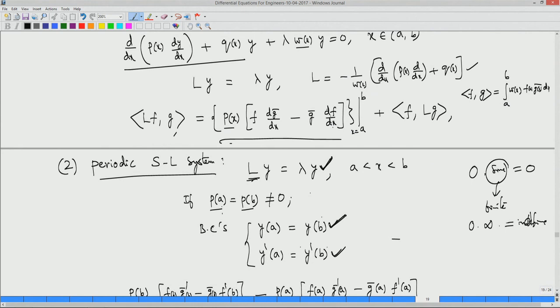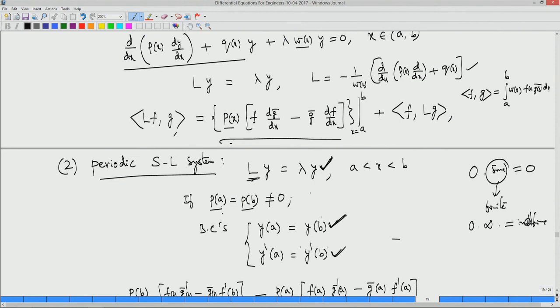If you say that a solution and its derivative are bounded at x equal to A, that makes sure that this quantity is finite. Okay. So, finite into P at A, which is 0, is 0. That makes this term 0 at x equal to A.